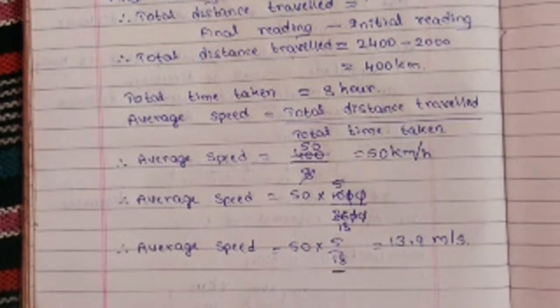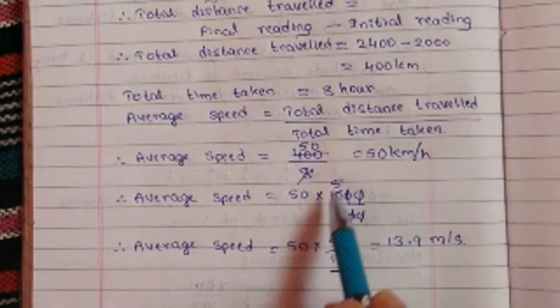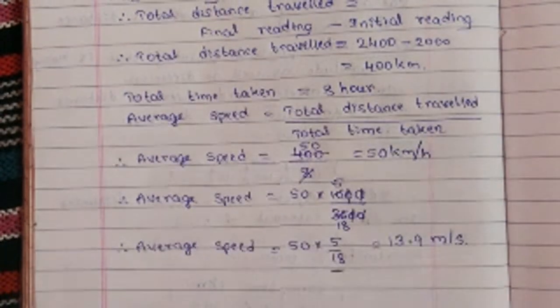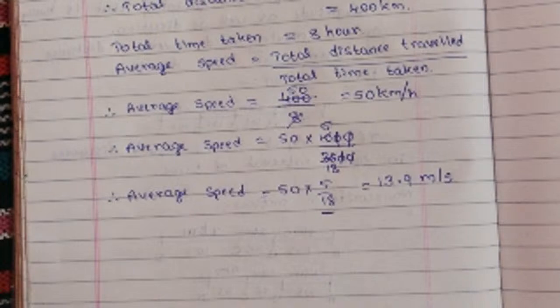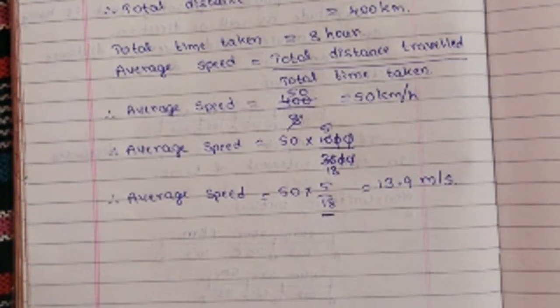So 60 into 60 becomes 3600. When we cancel that, it becomes 5 divided by 18. That's why, to convert the units, you have to multiply by 5 divided by 18. That is very important.